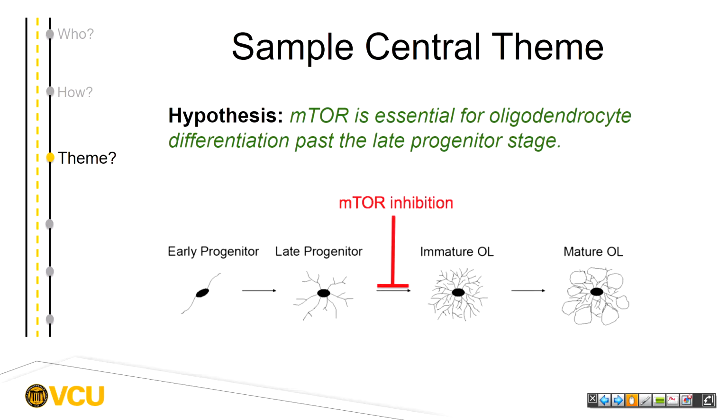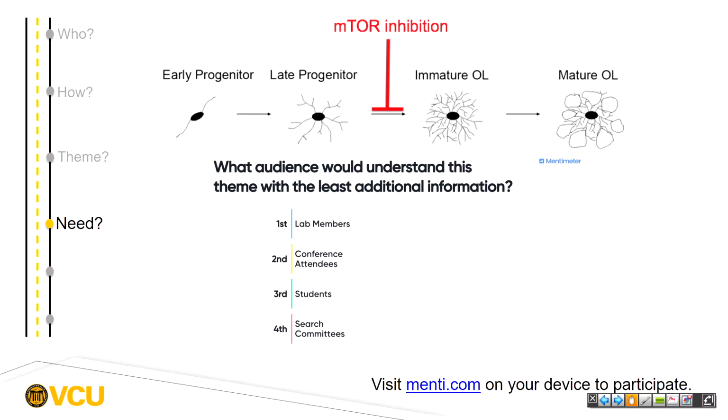So this would be a great visualization for our lab. It could work for a conference with some more information, and what would that information then be? Okay? So, we kind of talked through the answer to that question, so I might skip this poll, but if we just want to raise our hands, who would understand this the easiest? Lab members.